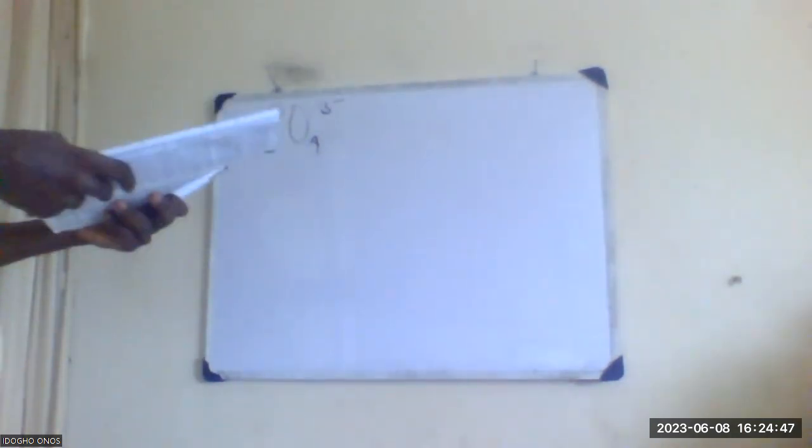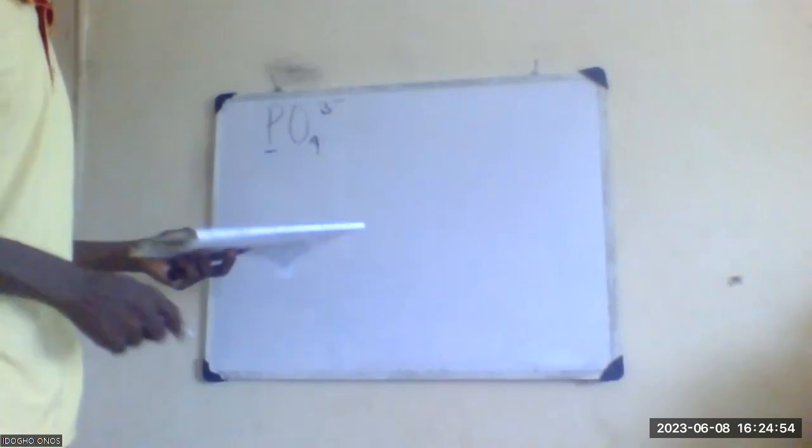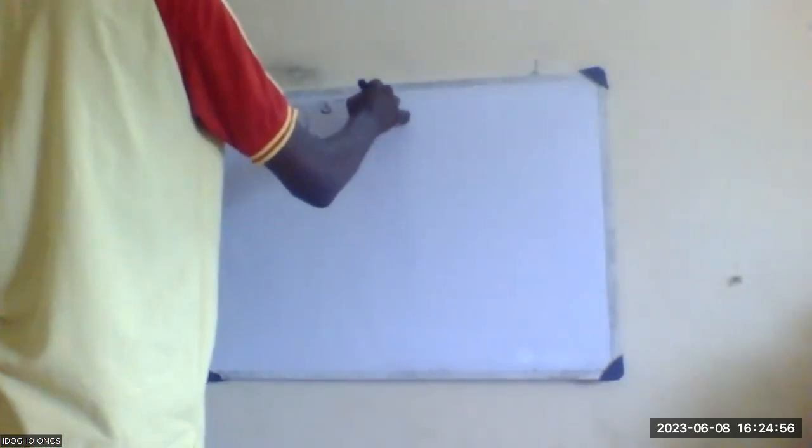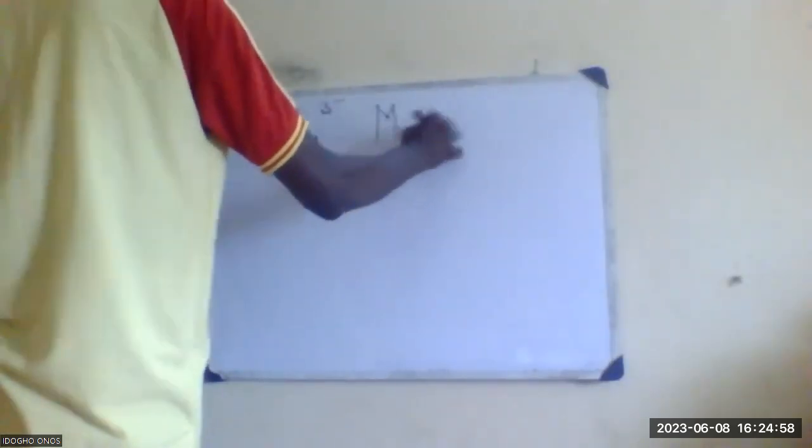Okay, P plus minus 2 times 4, so it's plus 5.